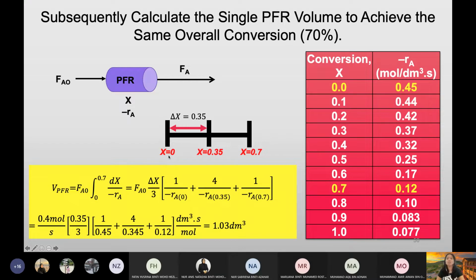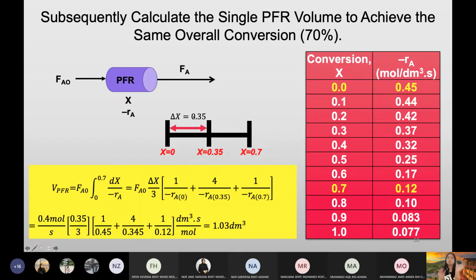Initial 0, final 0.7 sebab dalam satu single ni dia terus capai 0.7 dalam reaktor dia. So berapa volume diperlukan? So the middle conversion jadi 0.35 because initial 0, final 0.7. And then you find the difference.